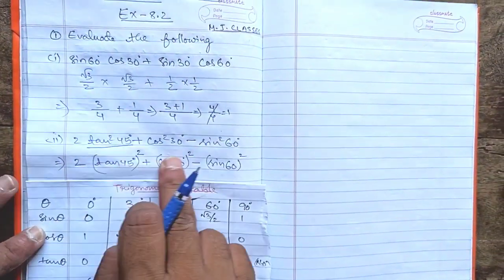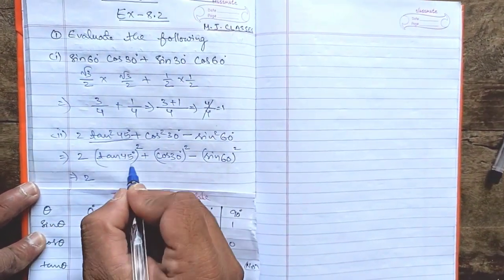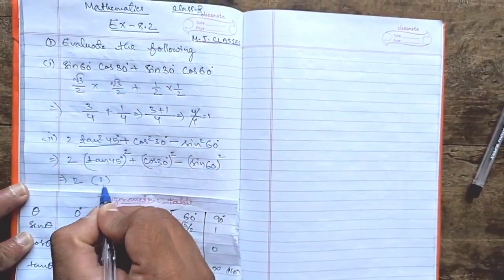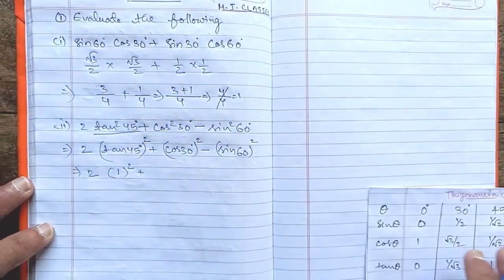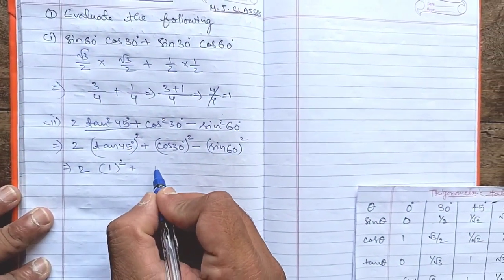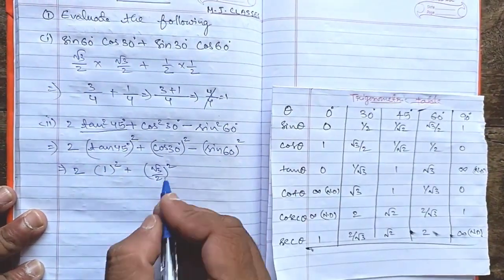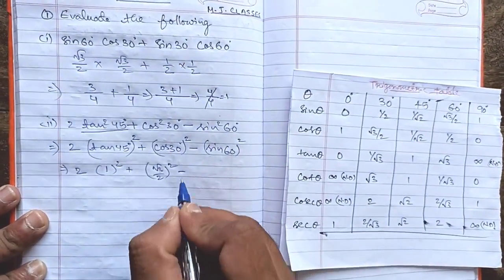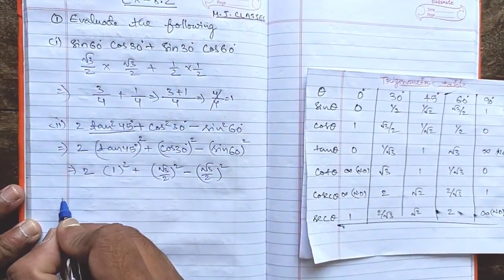Tan 45 is 1 square, plus cos 30 is root 3 by 2 whole square, and sin 60 is again root 3 by 2 whole square.